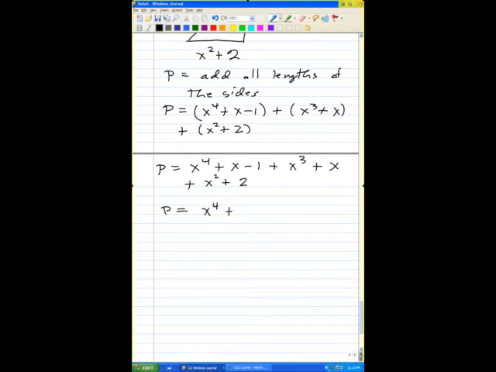Next is x cubed. Next is x squared. I have x plus another x, so that gives me 2x. I have 2 minus 1, so that gives me 1. And that is the perimeter of this particular triangle.